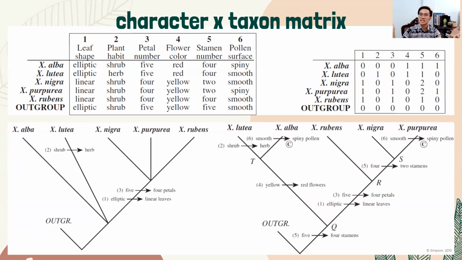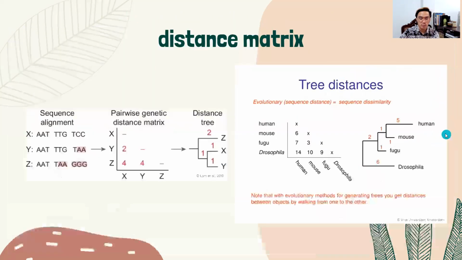So that means that in real life phylogenetic analyses, we get bigger matrices, and therefore bigger coded matrices, and therefore more complicated branching patterns. All right, let's talk about them slowly but surely. So that's for morphological data.